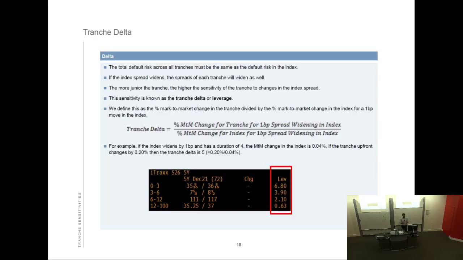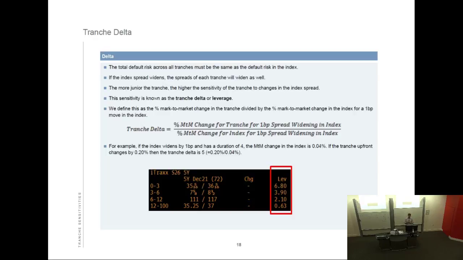So this concept of delta is just to calculate it. You calculate how does my tranche move when spreads widen, divided by how does an index move when spreads widen. And that gives you a factor of what kind of notional you have to hold in the index to be delta neutral.